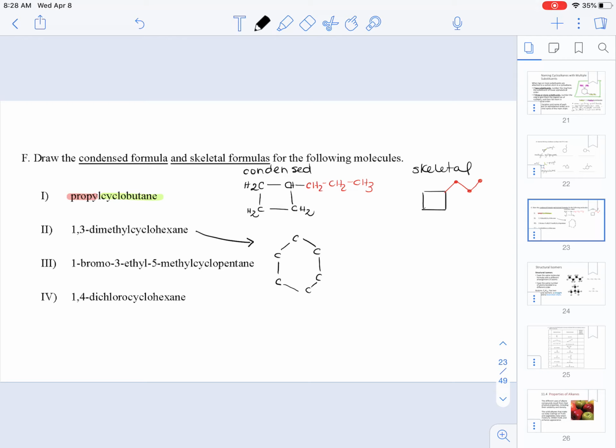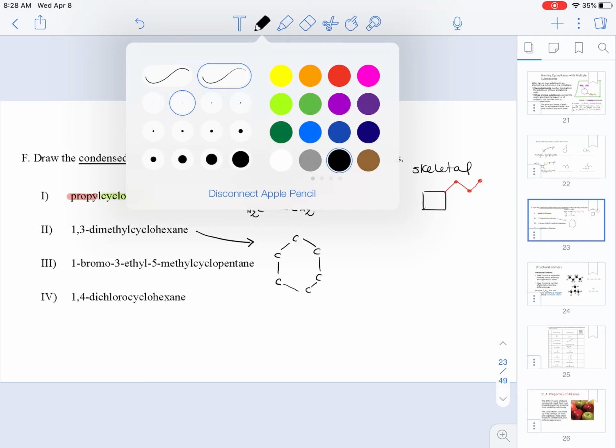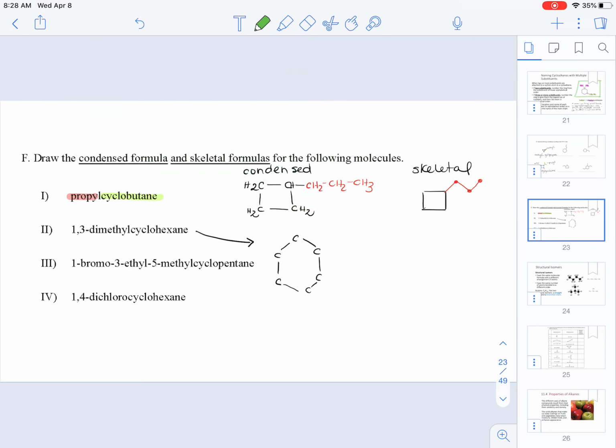Then understand that I can pick anywhere in this hexagon to be carbon 1 and carbon 3. So let's assume, and I'm just doing it for numbering purposes, that I'm going to number this 1, 2, 3, 4, 5, 6. You can start anywhere you want.